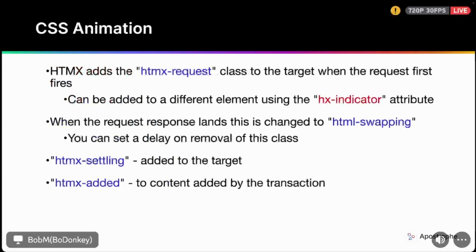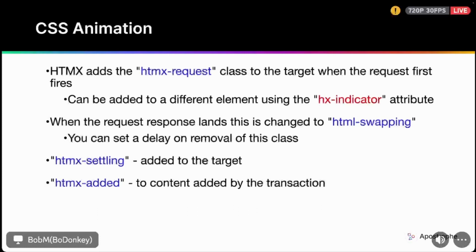The other thing that happens when you fire a request is that HTMX is going to change out classes on the existing target and the DOM content that's loaded in after the request comes back. HTMX is going to add the htmx-request class to the target when the request first fires. You can modify this by adding an hx-indicator attribute to target some other element on the page for that class change.